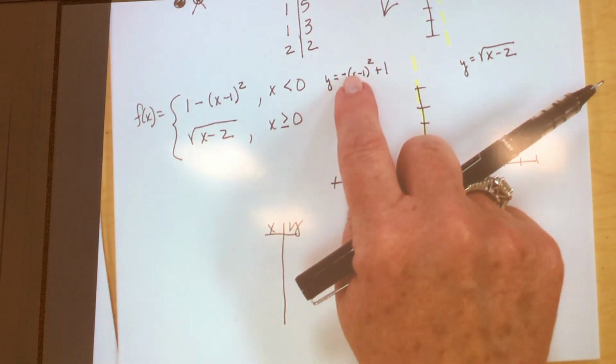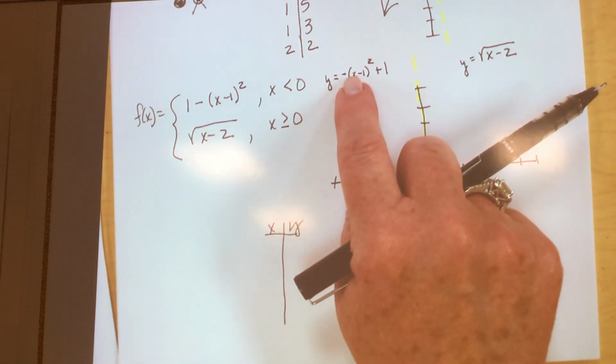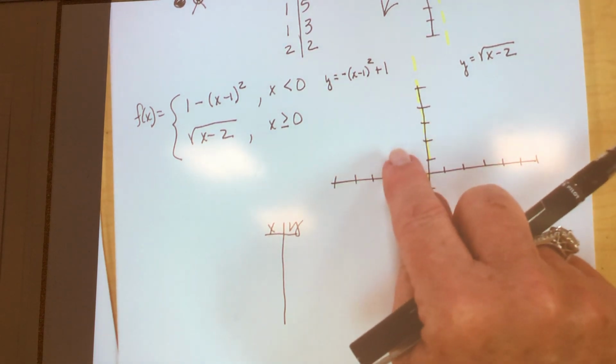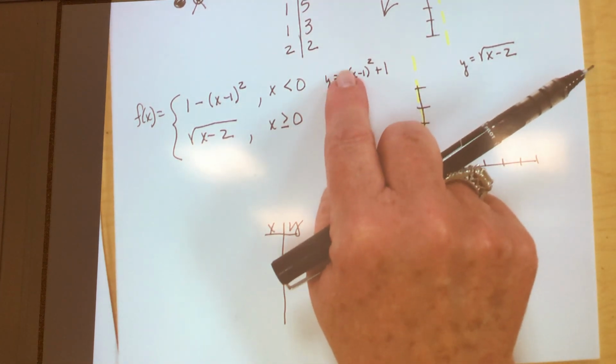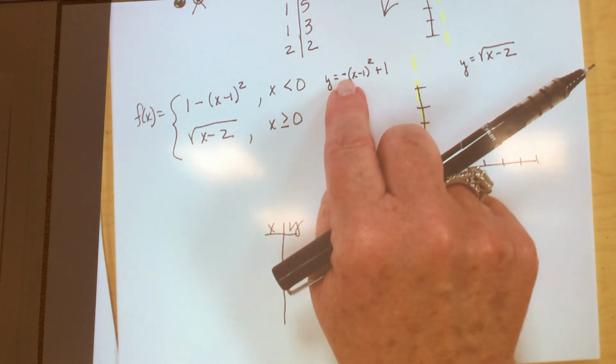If I put a negative on the inside with the x, it reflects it over the y-axis, okay? If there were another number out here besides this 1, and the number is bigger than 1, it's a vertical stretch. If the number is between 0 and 1, it's a vertical compression.